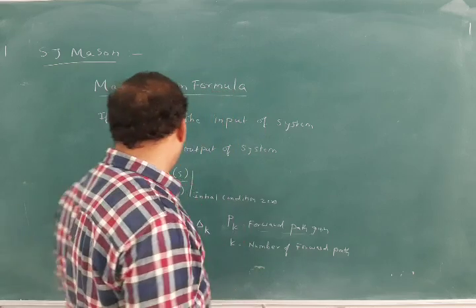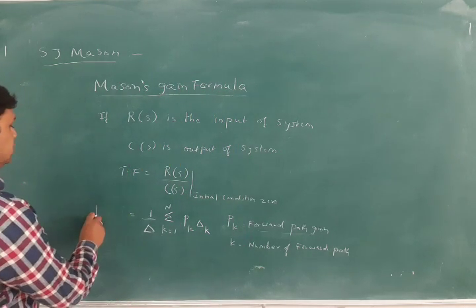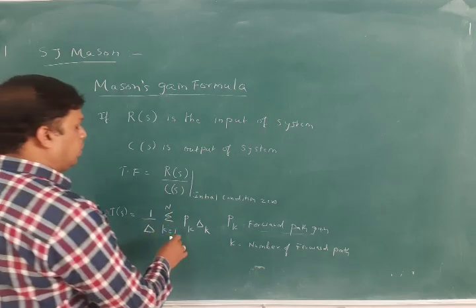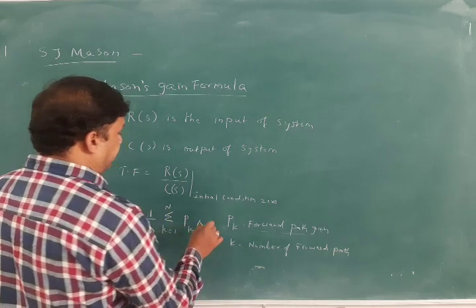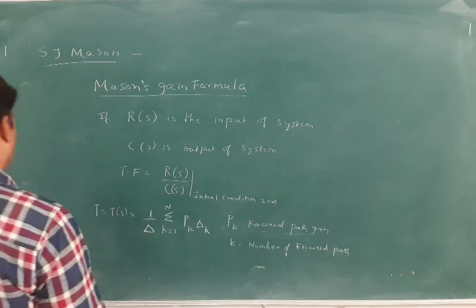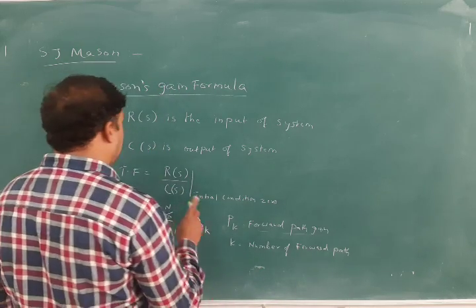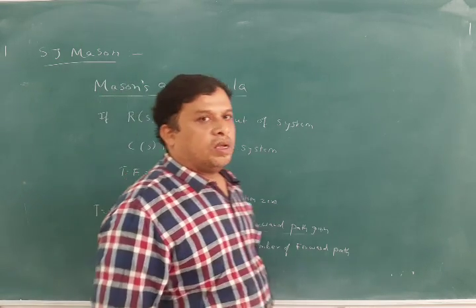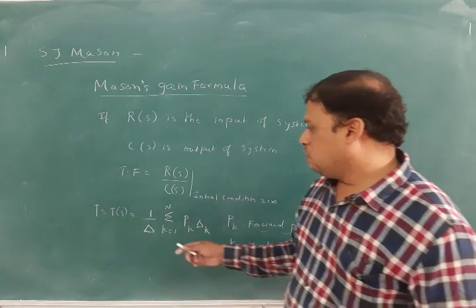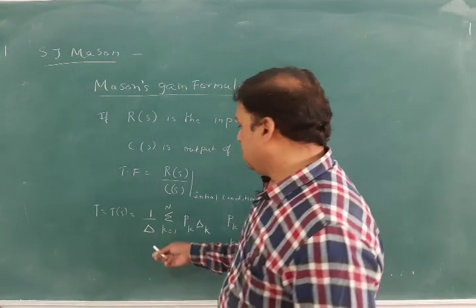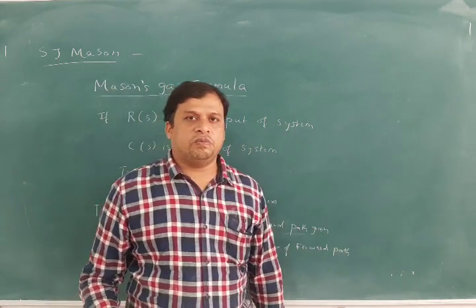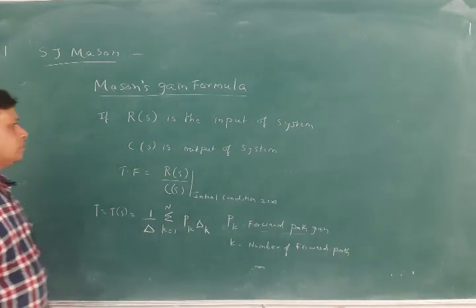So T(s) is equal to 1 by delta, sigma k equals 1 to n, Pk delta k. This is your formula given there. Now we have to find out what is delta. If you find out delta, then we can easily get the Mason gain formula.